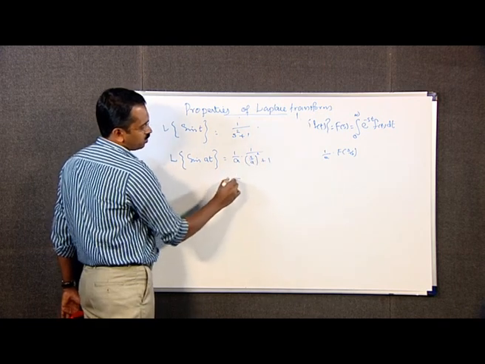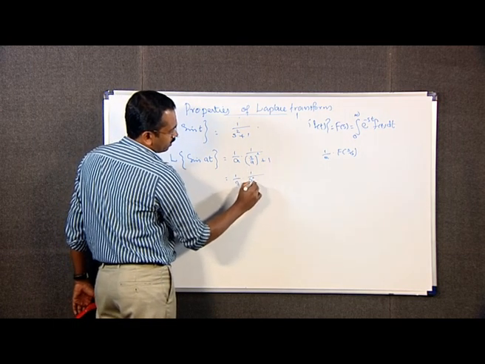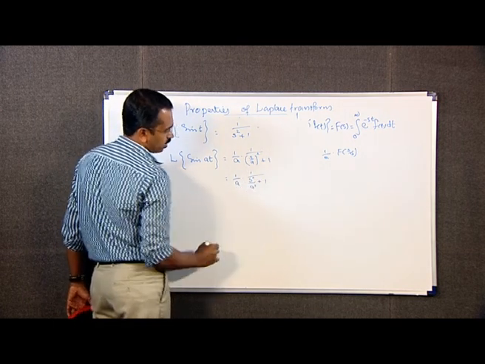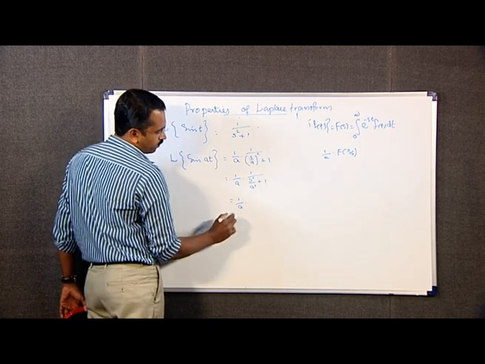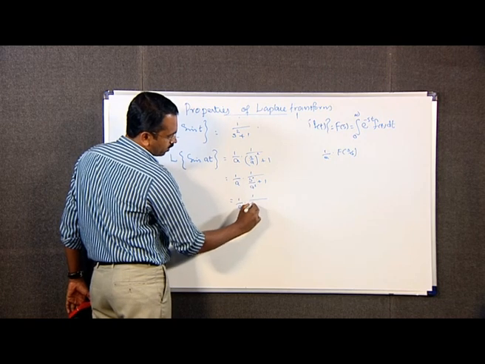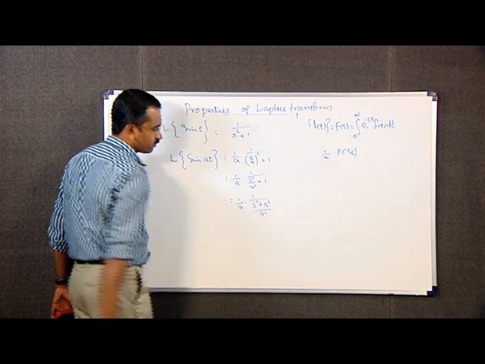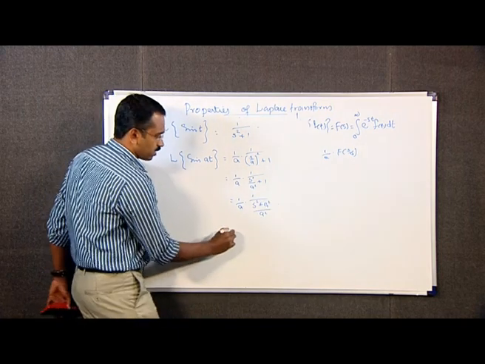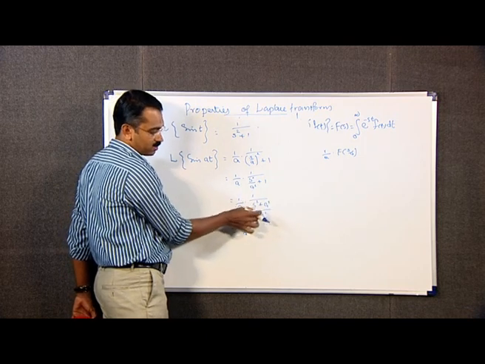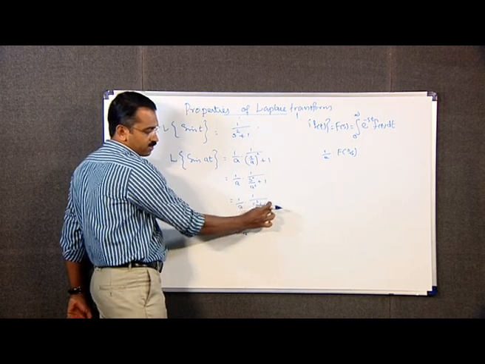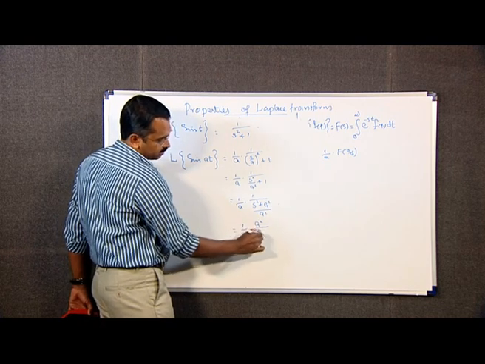That is equal to 1 by a into 1 divided by s square plus a square divided by a square, that is equal to 1 by a into, consider the reciprocal of this term, that is a square divided by s square plus a square.